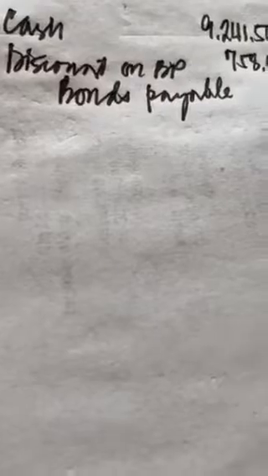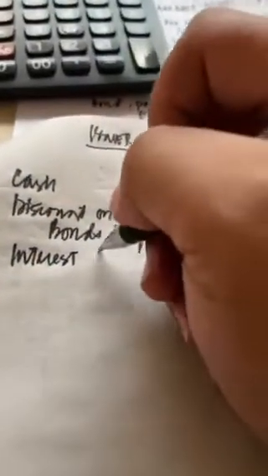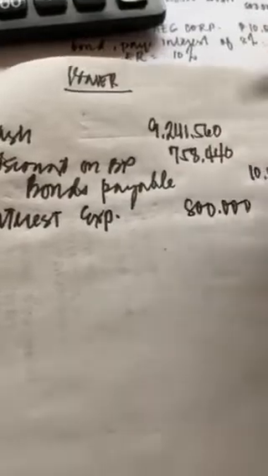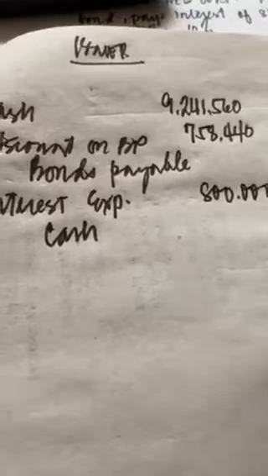Okay, so on December 31, the issuer of the bond will have to pay the investor the promised interest. The interest here is the nominal interest, which we computed earlier, that's 800,000. So debit interest expense 800,000 and credit cash 800,000.